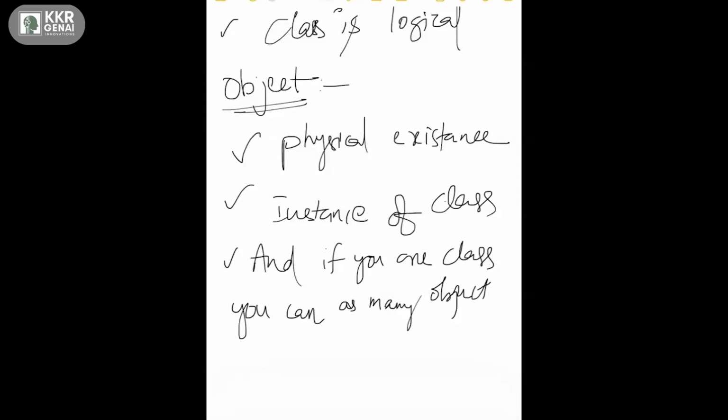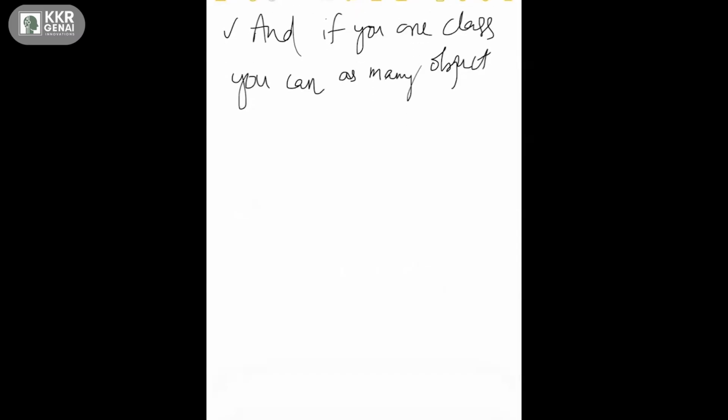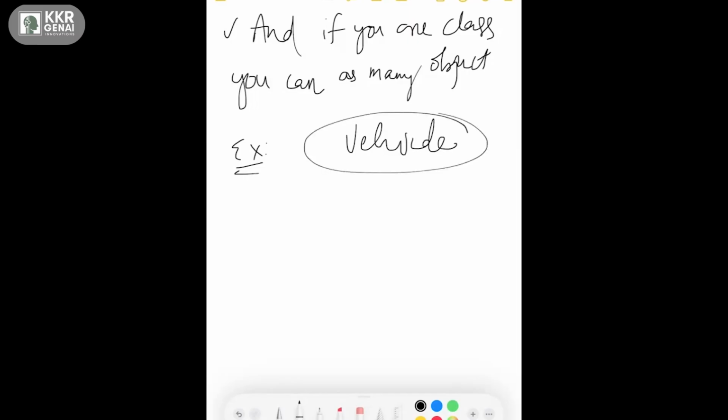For the same class, if you want to create 100 objects, you can do that. Well, let's take a few layman examples. Let's say you have a vehicle. Is vehicle a class or an object?